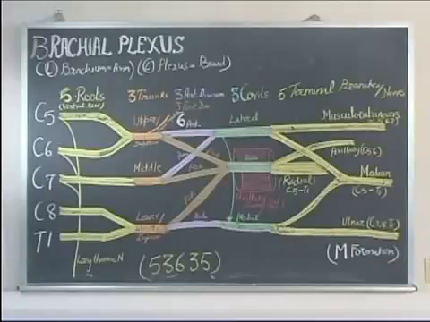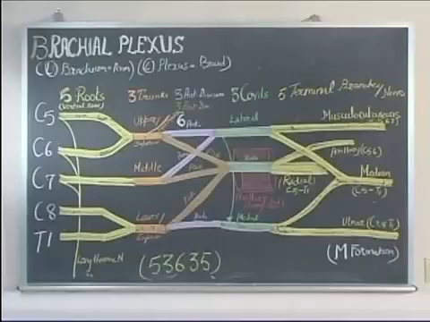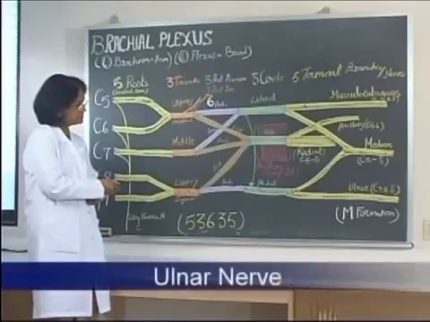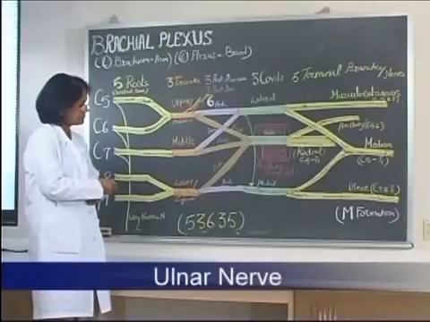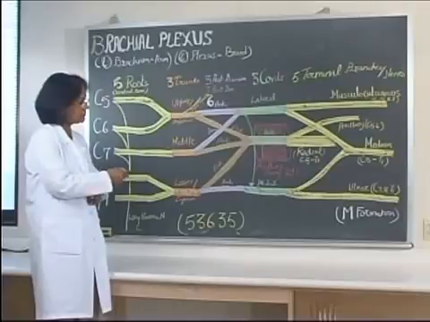A contribution from the lateral cord and the medial cord forms the median nerve, which has C5 to T1 spinal levels. The ulnar nerve comes out from the medial cord, and this is the configuration of the M formation.